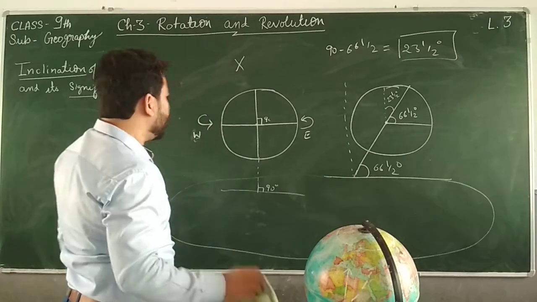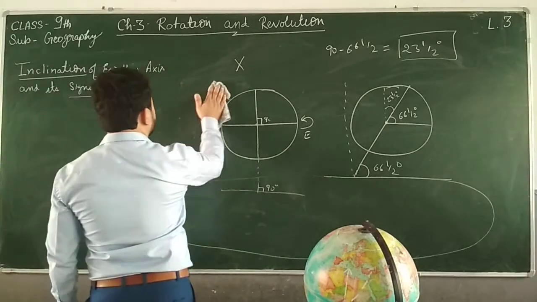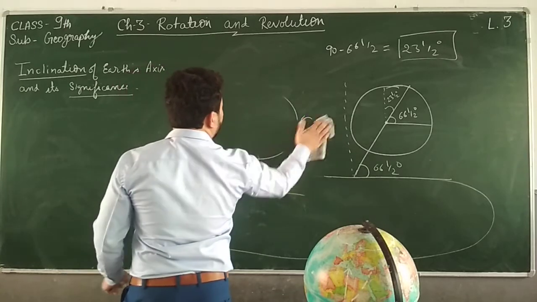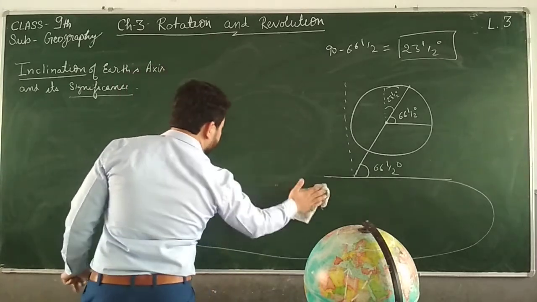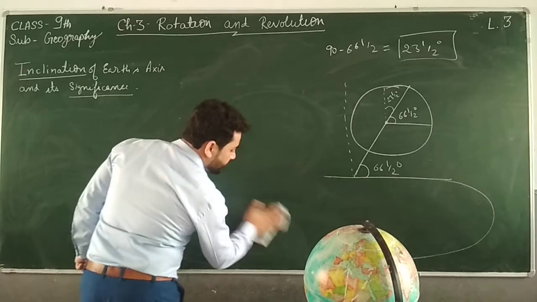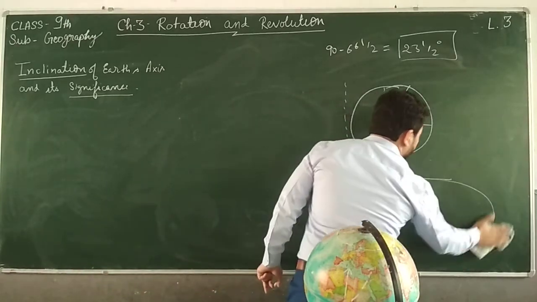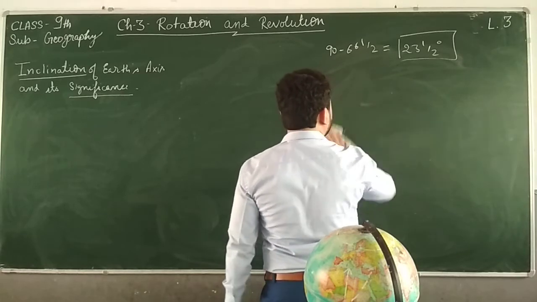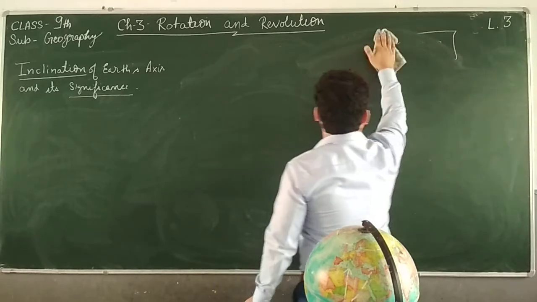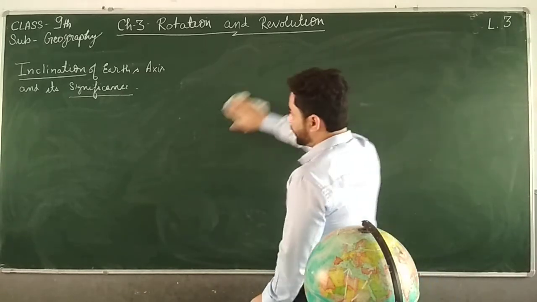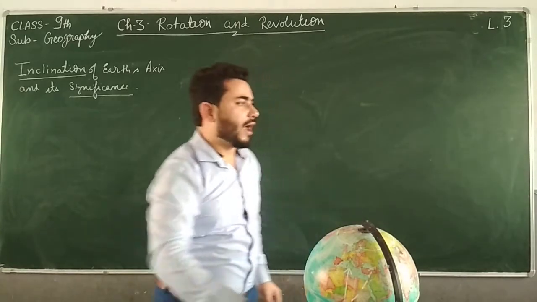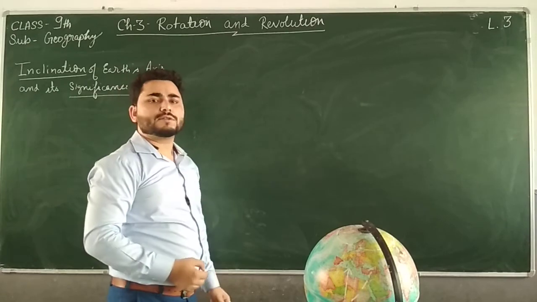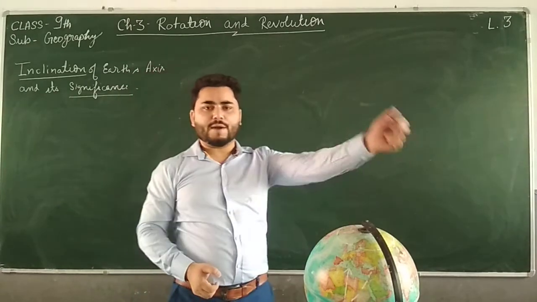Now after understanding what is inclination, what is tilt, what is axis, and how many degrees it is tilted and inclined towards the sun, we will study what are the effects of this tilt, and what would have been if the axis of the earth was straight or perpendicular.